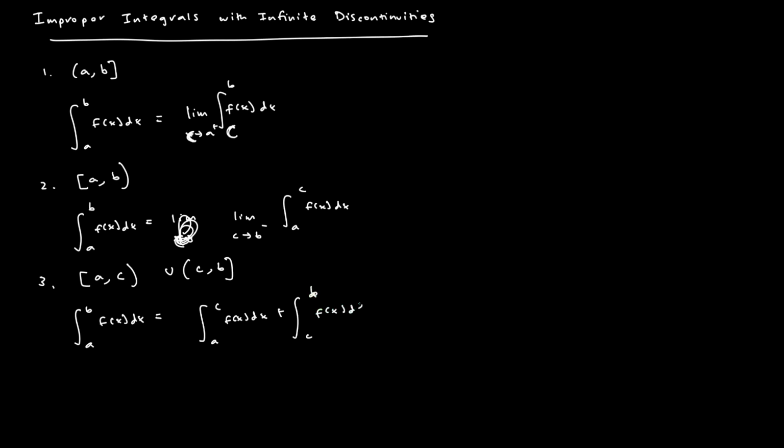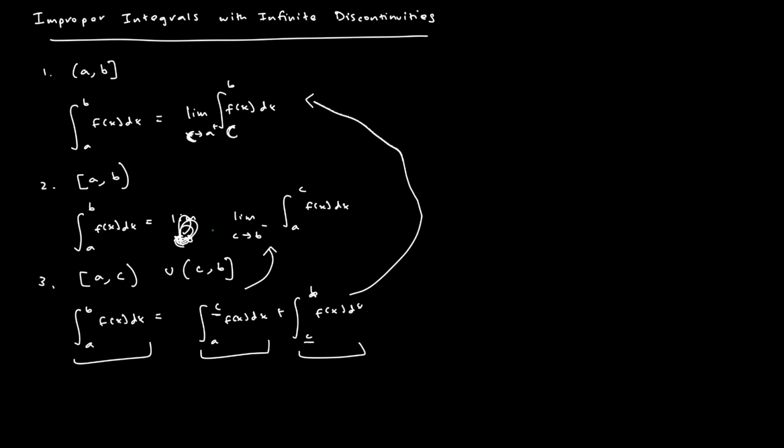Notice that we split this original problem into two sub-integrals, and the left sub-integral is basically a special case of the second case I described here because c is not defined in the domain, and the right sub-integral is just a special case of the first one over here. So when we are trying to find the integral where we're not defined in the middle of our domain, we split it up at the undefined discontinuity, and then we can use subcase 1 and subcase 2 to solve for the actual integral.